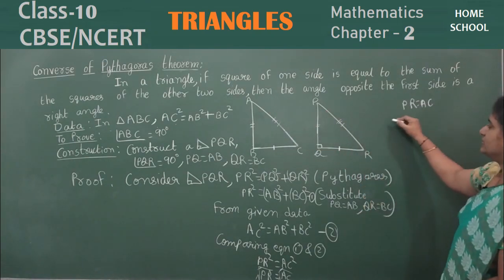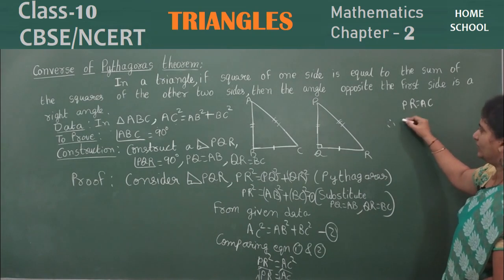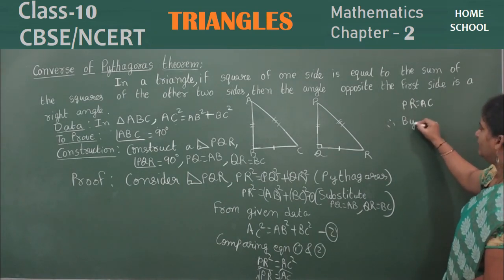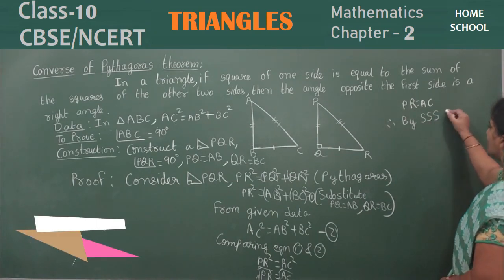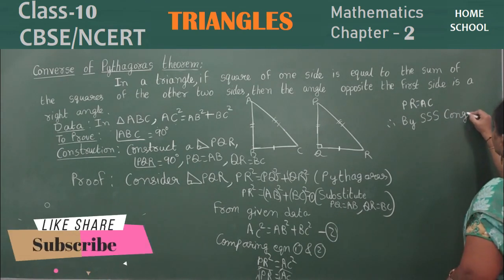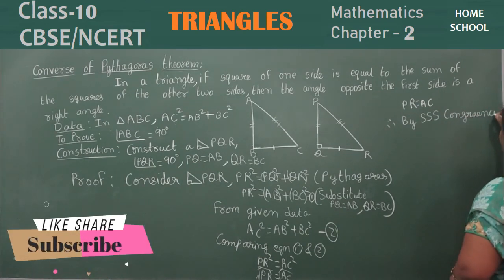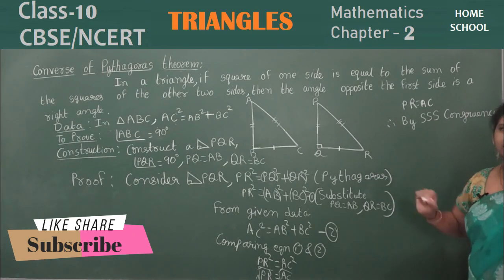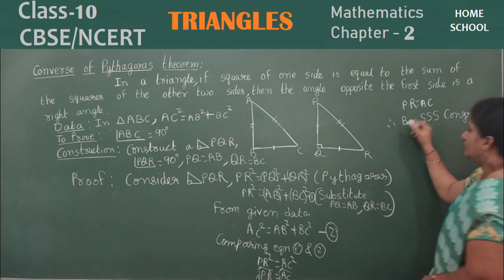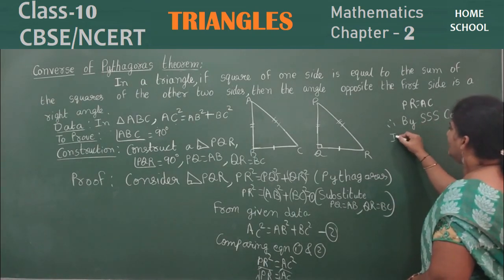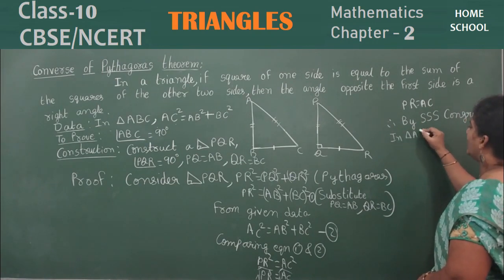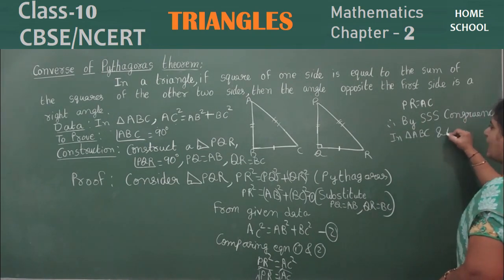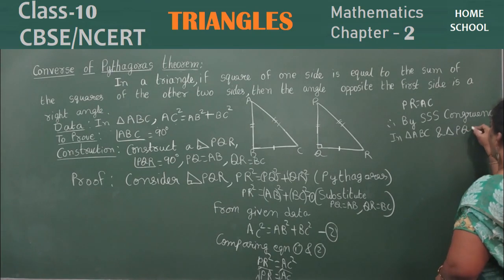Now, therefore, by SSS congruency, all three sides are equal. SSS congruency in triangle ABC and triangle PQR.